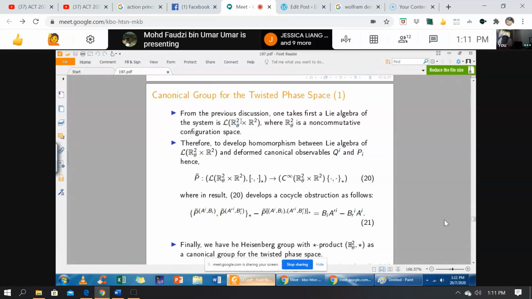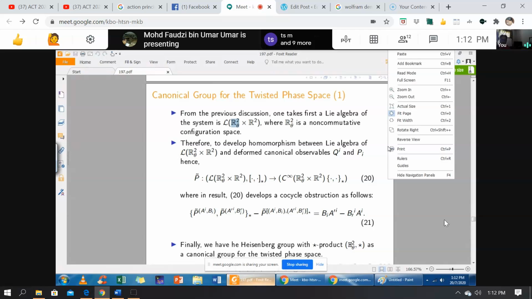So we have another element that was already discussed previously. So that means essentially your algebra already has the central extension for the non-commutative position. Right. So what's left is essentially you're just trying to impose the central extension from quantum mechanics. Yes, like ordinary quantum mechanics, just the Heisenberg group.